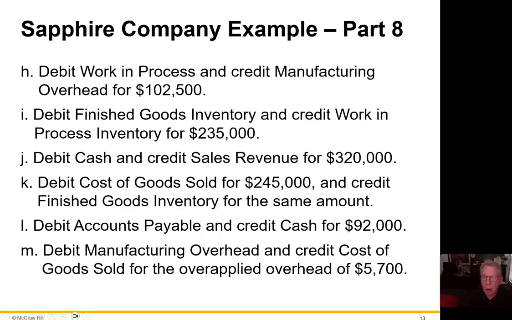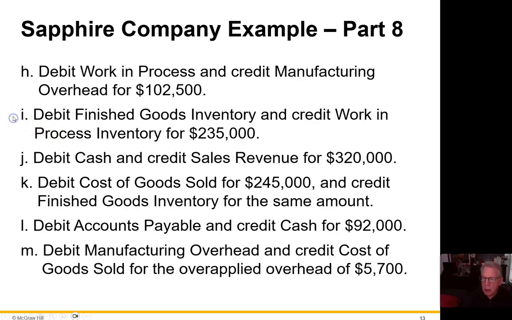All right. So now we're going to debit our work in process and credit manufacturing overhead. Now we'll get into what we applied. So here we're going to increase our work in process inventory by another $102,500 for that we apply on the credit side of the manufacturing overhead account.